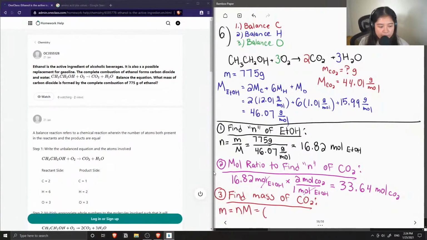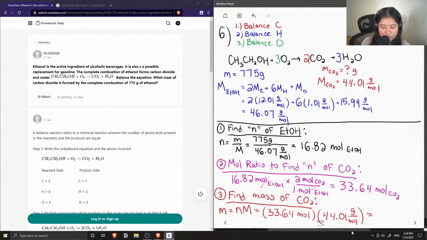We found the number of moles in the previous step, which was 33.64 moles of CO2, and we know the molar mass of CO2 is 44.01 grams per mole. If we multiply these values, we end up with 1,479.82 grams. Or we can write this in kilograms: dividing by 1,000, you get 1.48 kilograms.